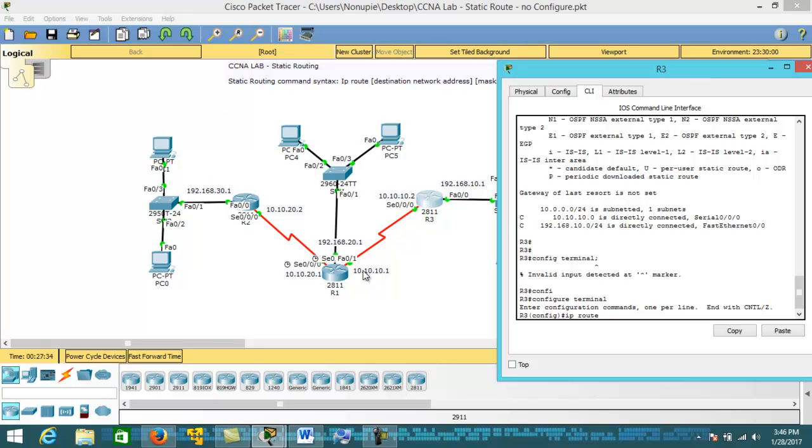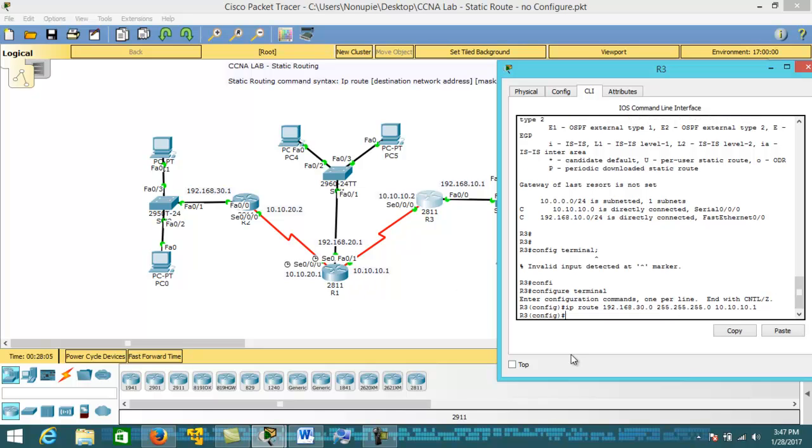For the 30.1 network, that is 192.168.30.0 255.255.255.0, and then the next hop. What will be the next hop? 10.10.10.1. For this 30 network, the next hop will be 10.10.10.1. If the packet comes into this router, it knows how to send the packet to this network, because in this router also we have already configured the static route.